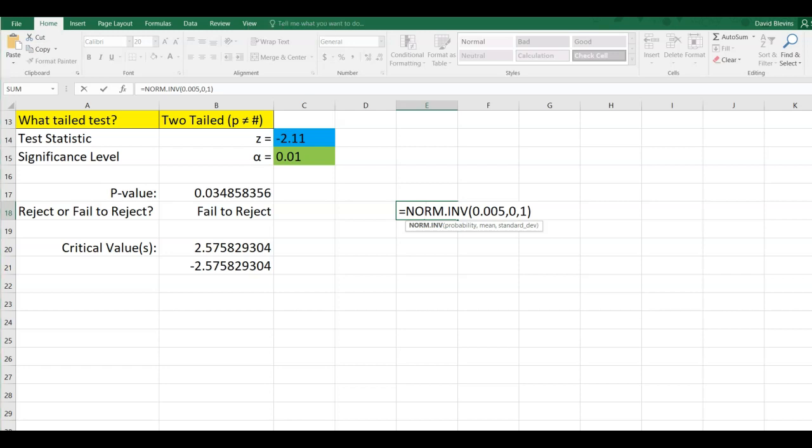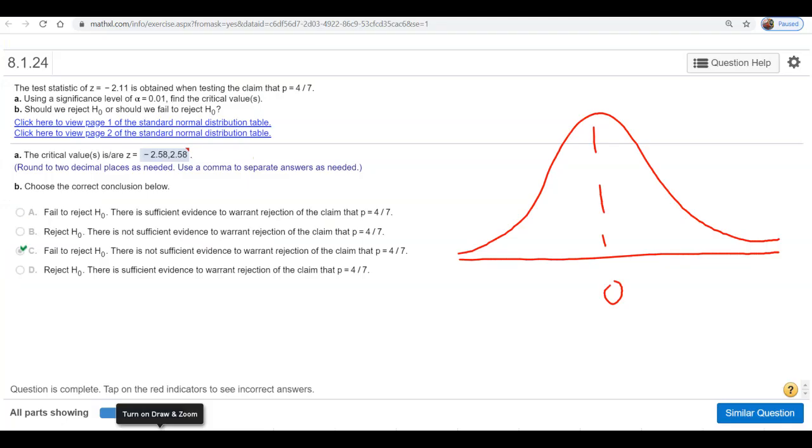Now that we know what those numbers are, I can go back into this, and I know that if I fall far enough away from the 0 into these rejection regions, then I'm going to reject the claim that 4/7 is the population proportion.